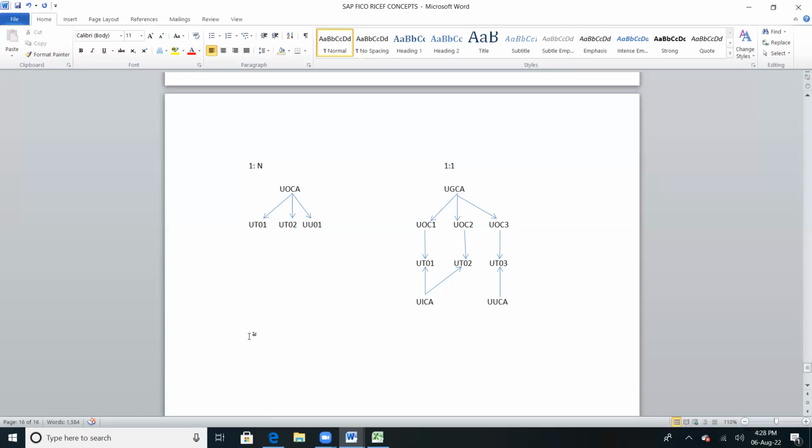Clear, everyone? So normally 95%, I can say 99%, will follow the 1:n methodology for their chart of accounts. Any questions?